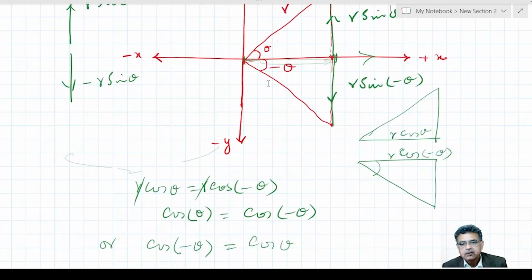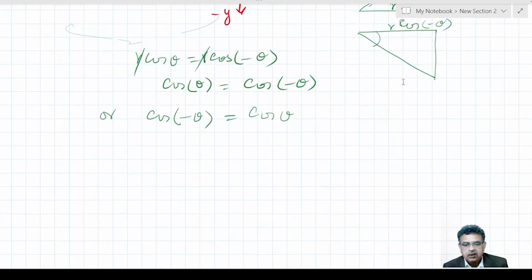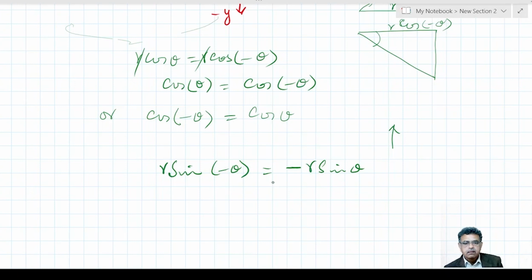So what is the value in terms of negative theta? R sine negative theta, its length is equal to r sine theta, but this one actual r sine theta is upwards, so downwards it will be negative.